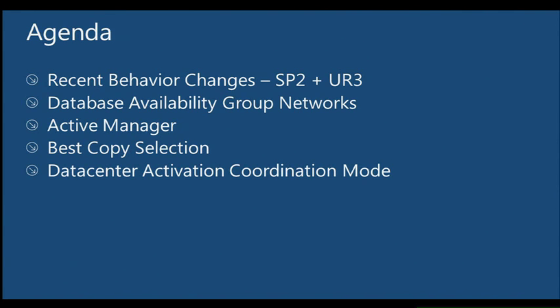So I'll start by talking about some recent behavior changes that we introduced in Update Rollup 3 because they pertain to high availability, some of these changes. Then we'll get right into talking about things like DAG networks, Active Manager, best copy selection, and then we'll end up talking about DAC mode, Data Center Activation Coordination mode.